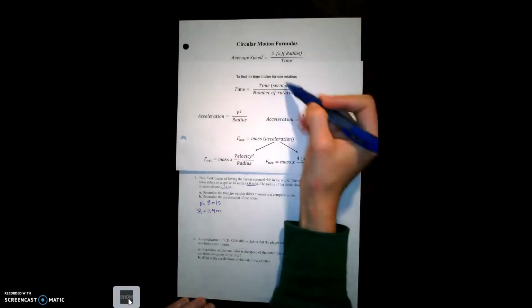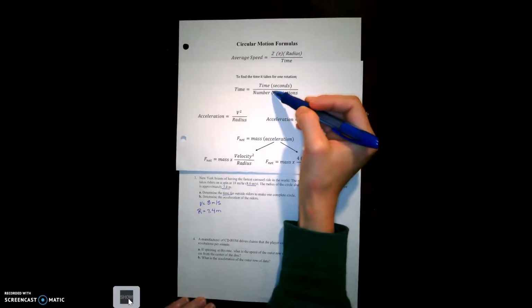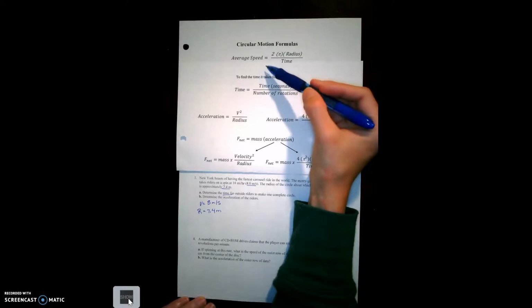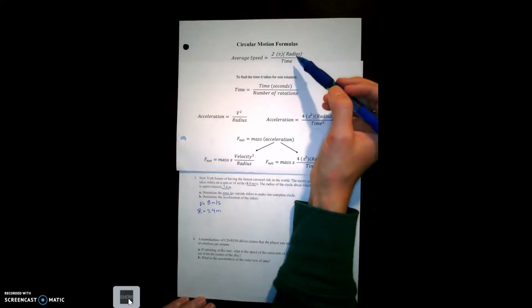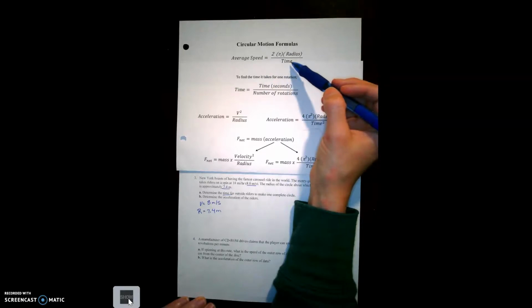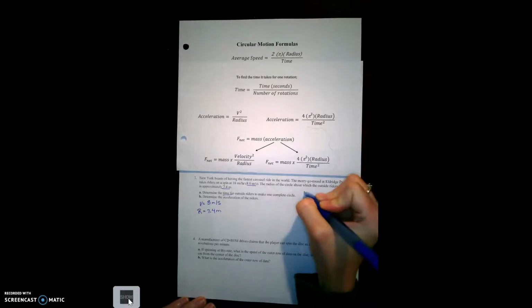And we usually use this formula for time, but we have velocity and we have radius. So we want to look at the formula for velocity or speed, because we have our radius, we have our speed, and we can rearrange it to find our time. So that formula is going to be time equals 2 pi r over the velocity.